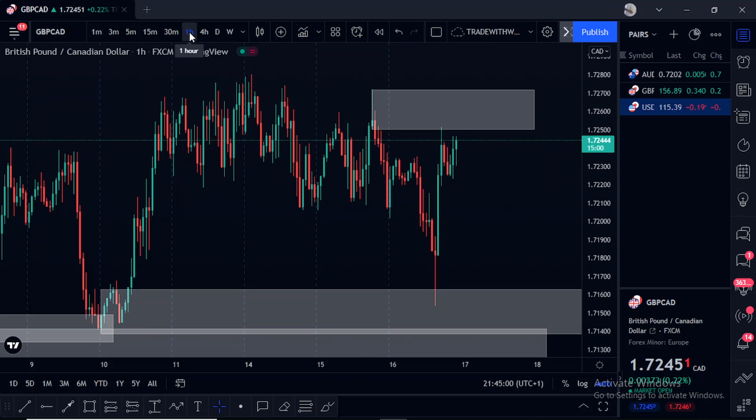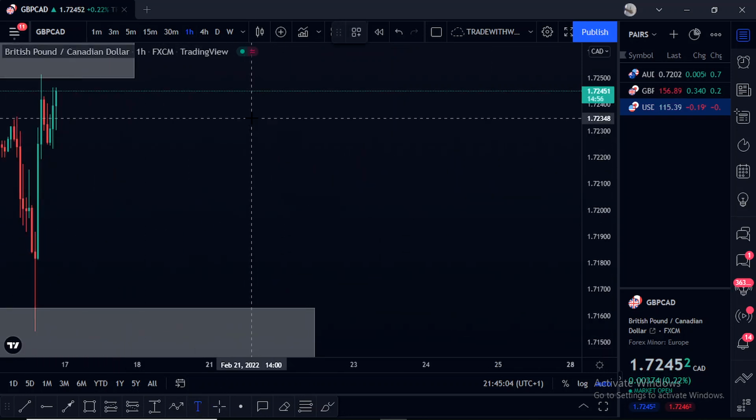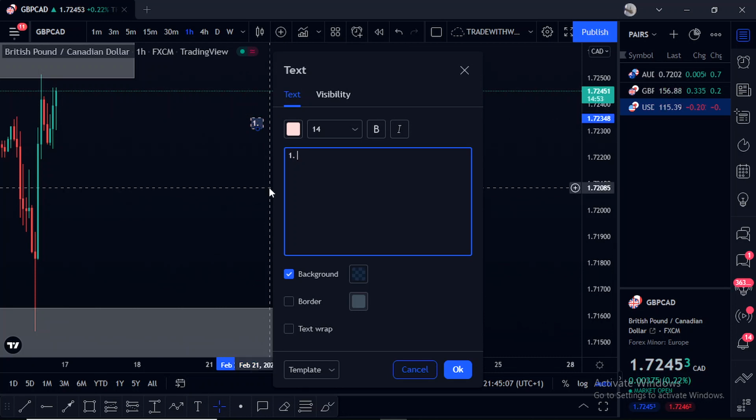You understand? First of all, look for structure. Let me write it out. 1, understand structure, either up or down trend. Secondly, draw out the demand and supply zone.